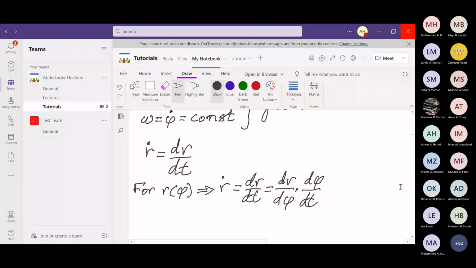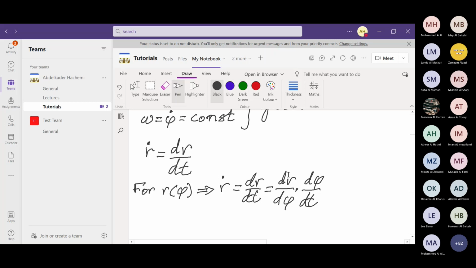By definition, velocity is the time derivative of the position. As the position depends on the angle phi, in this case we can write dr over dphi multiplied by dphi over dt. When you have dphi here and dphi here, each cancels the other and we get dr over dt.